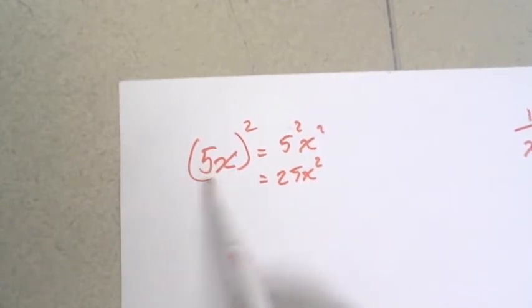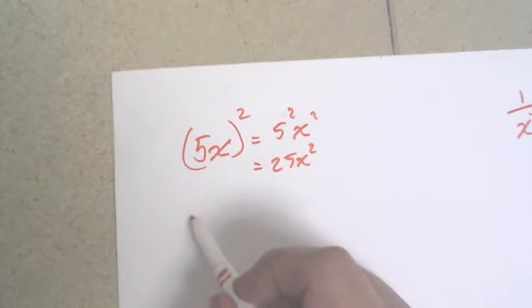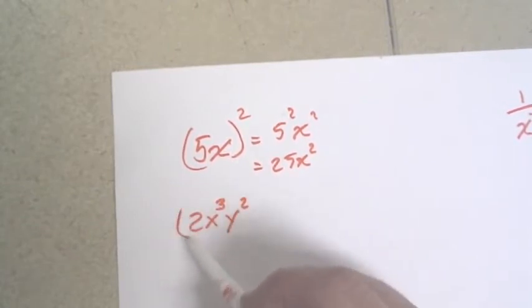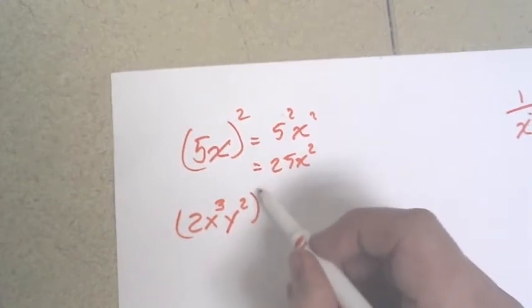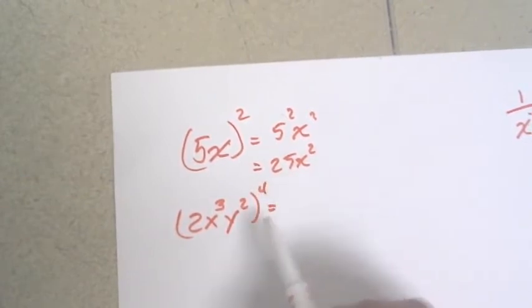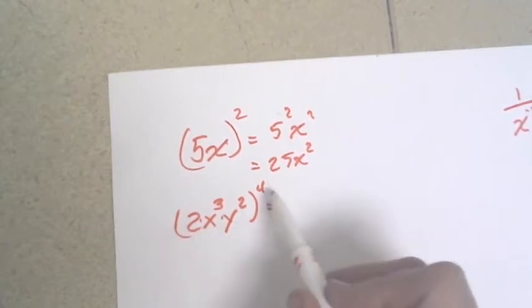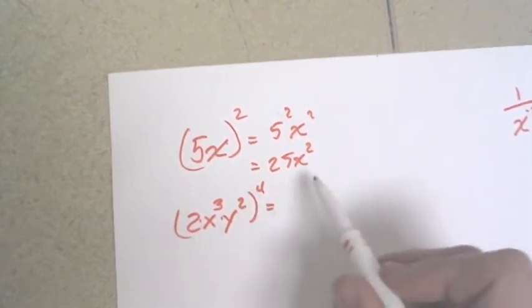So again, when we have a product, it doesn't matter how many we have. If we have, say, 2x to the third y squared all to the, I don't know, fourth power, each factor in that product is going to be raised to that general power.